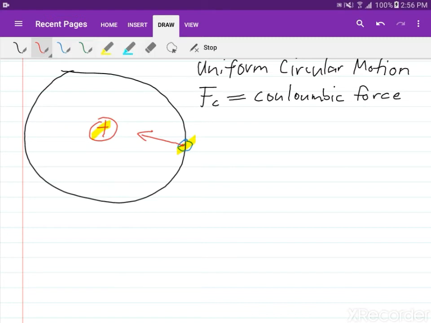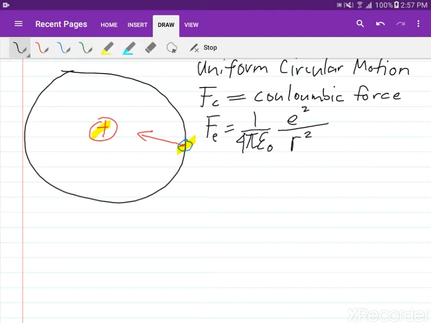The magnitude of the Coulombic force, let's call it F sub E, is given by K, which is 1 over 4 pi epsilon naught, times Q1 Q2. Since we have a proton and an electron, they both have the same magnitude of charge, so it is e squared over their separation distance r squared.